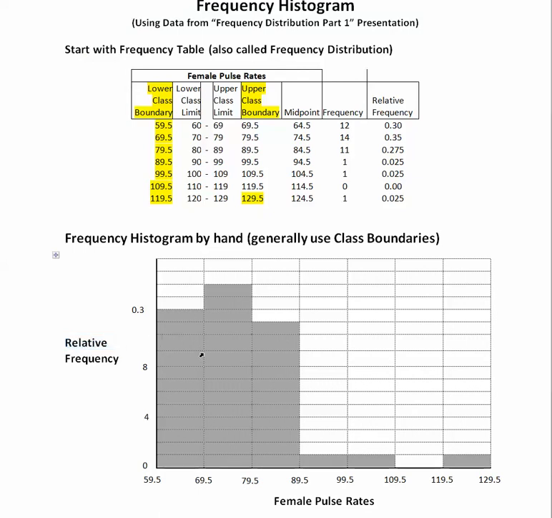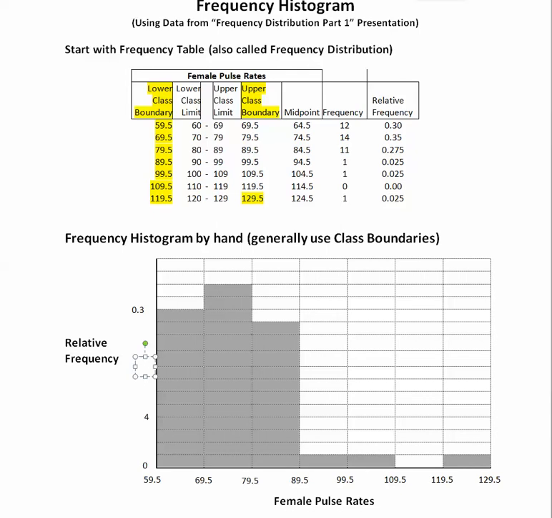Okay, so I'm going to eliminate these absolute frequency numbers and put in relative frequencies that correspond to the height of these columns we have here. So this one here should be 0.35.